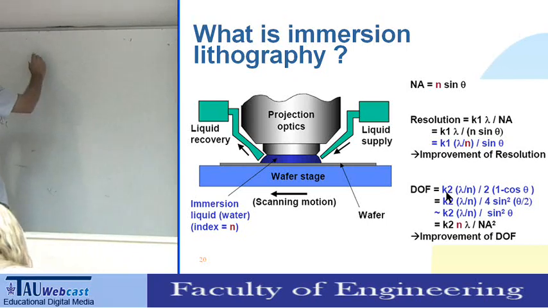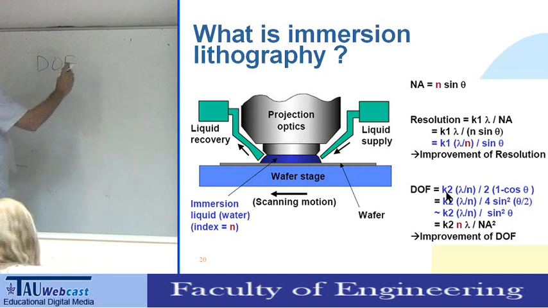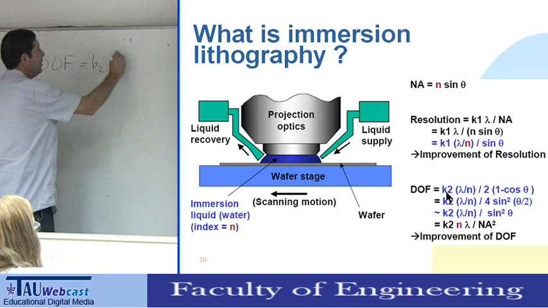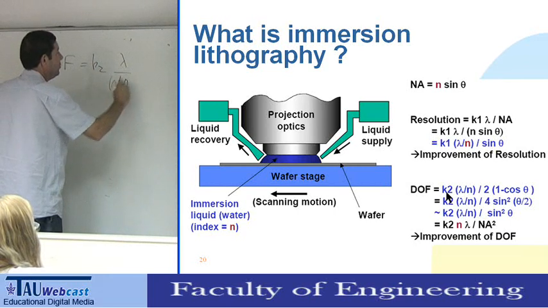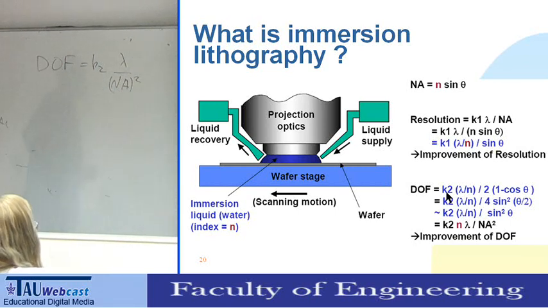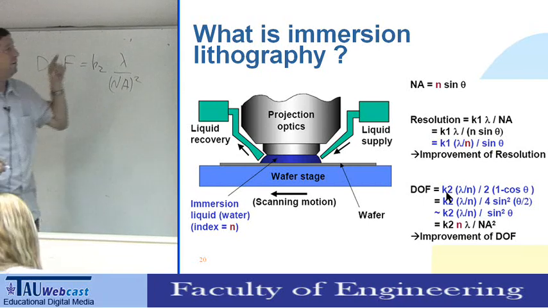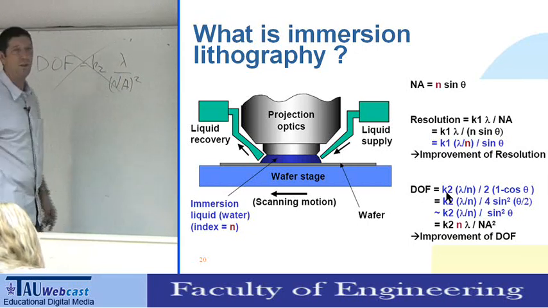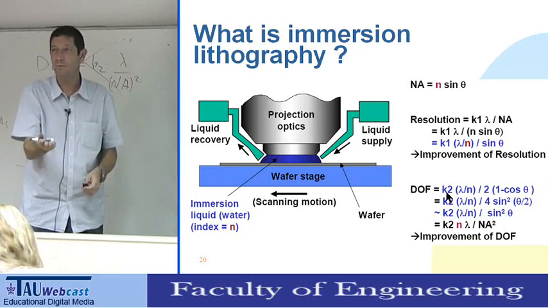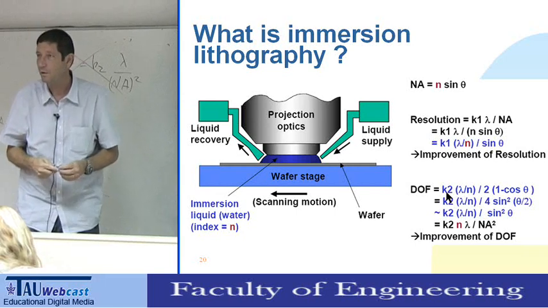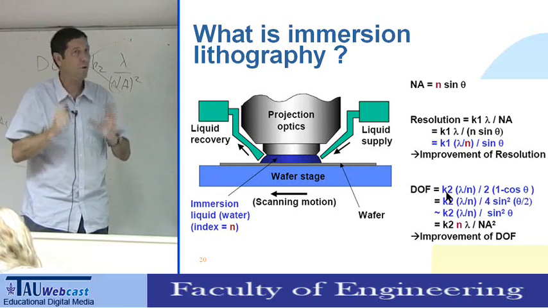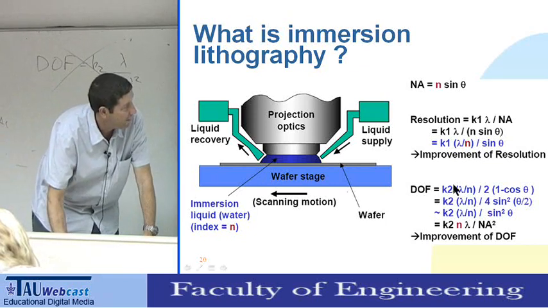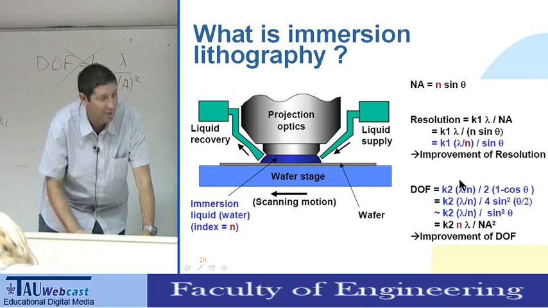In a classical system, when we have air on the top and air at the bottom, the equation was k2 lambda over numerical aperture squared. But if you want to calculate the depth of focus for immersion lithography, you cannot just take this equation, because here we have liquid at the bottom and air on the top. So we have to be more careful when you calculate, and we have to go to the fundamentals, and Asya will explain that a little bit in the lecture.